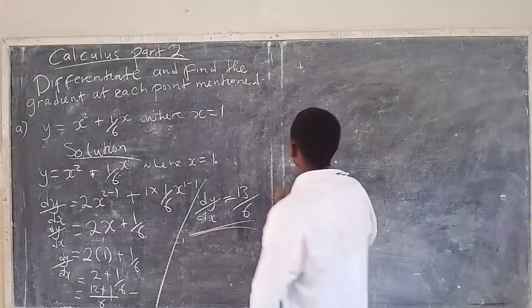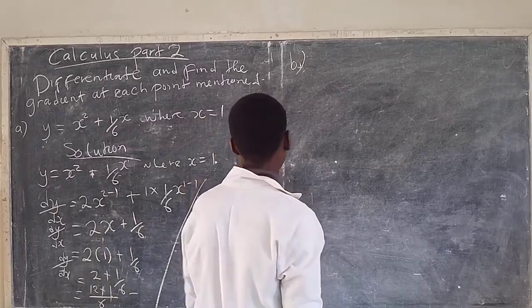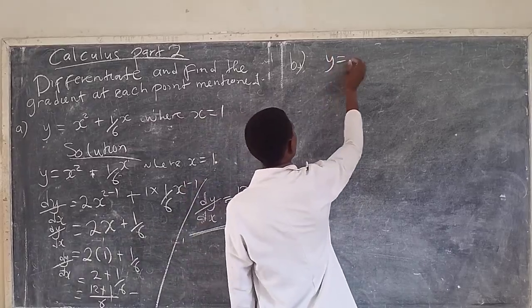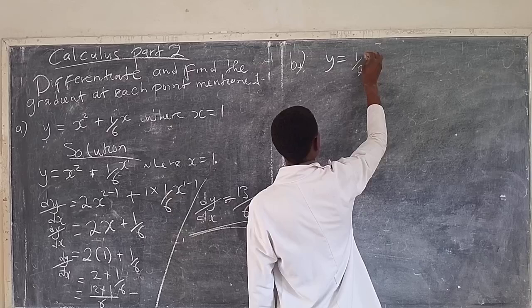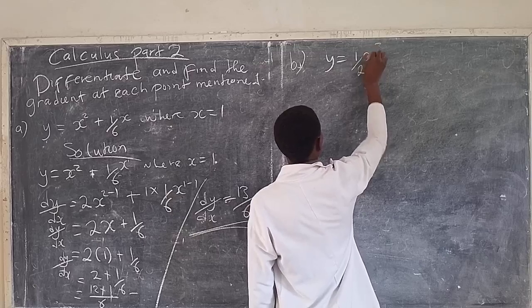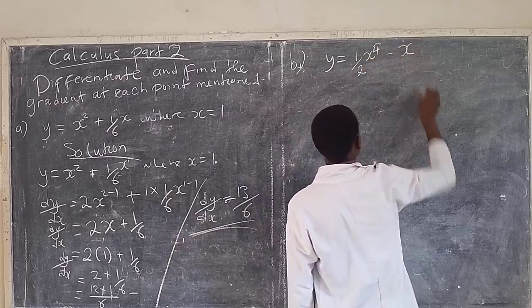So the second thing that you might be given is, let's say for b, y equal to 1 over 2 x raised to the power 4 minus x.